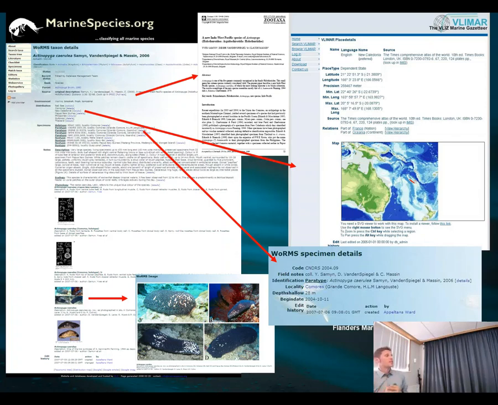There was information available on the taxonomy, of course, full taxonomy, that was the focus of the database, but also information on type specimens, more and more information on distributions, pictures, vernacular names, and also information on attributes, functional attributes, and more information on the biology of the species. All was added to the database in that same data model.